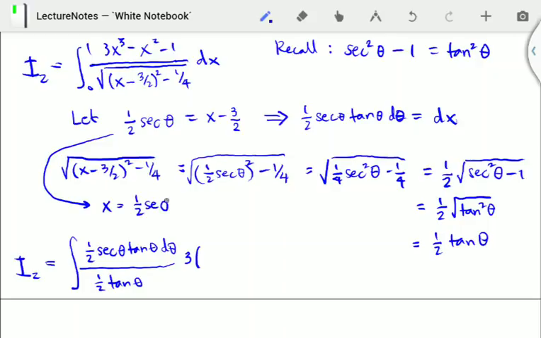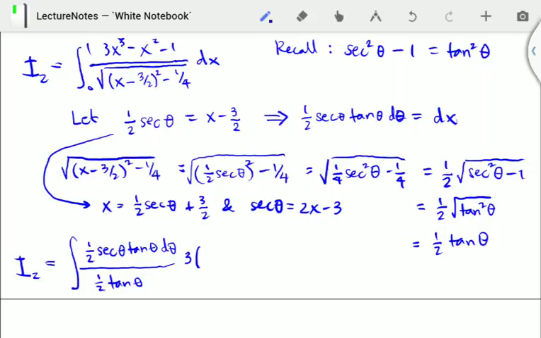Later on we're also going to need this, so let's write sec theta here, because later we need to substitute back all the x's to secant. Sec theta is equal to 2x minus 3. This is the one I was calculating a while ago.